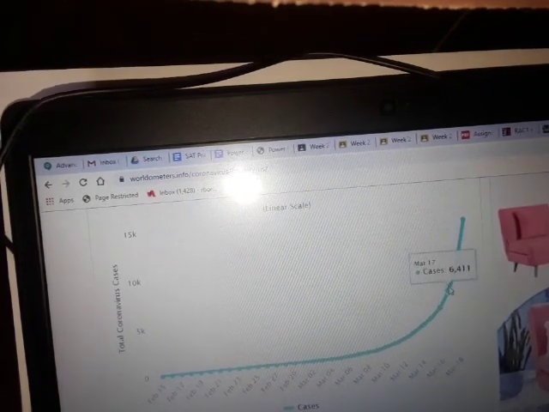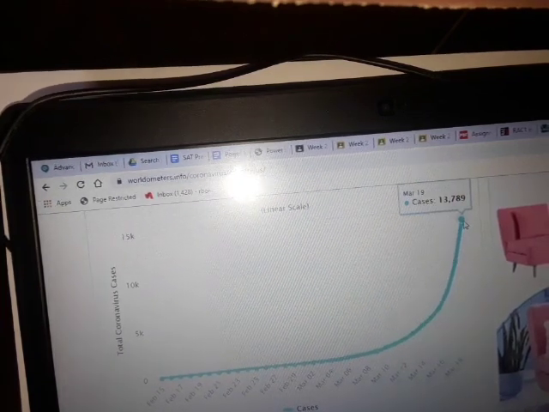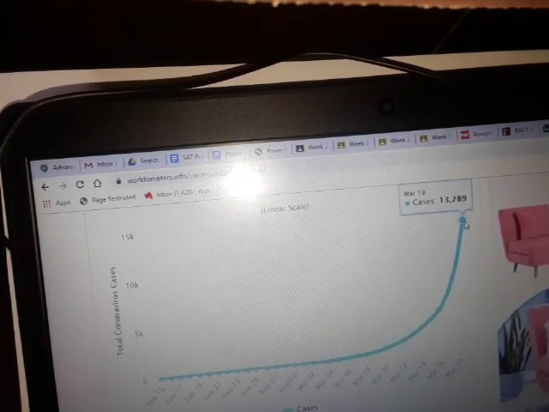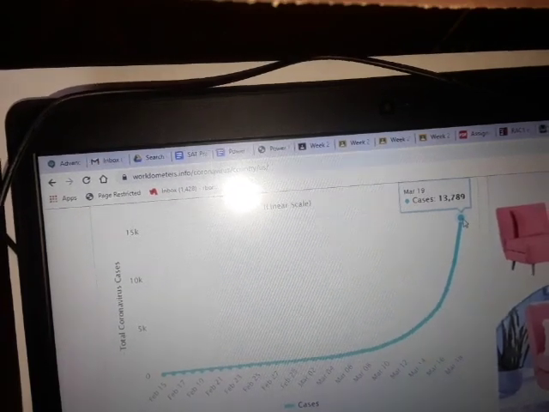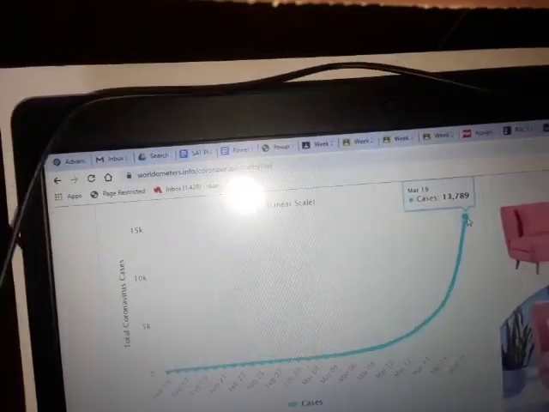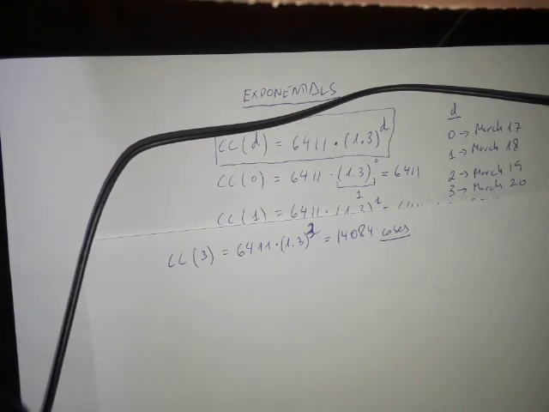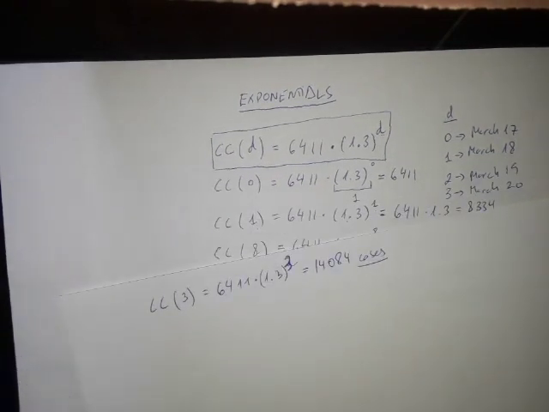So this was Tuesday, Wednesday, and then Thursday, which was yesterday, it's 13,780. So it's actually over our predictions, because today we already have near 3,000 more cases. So that's going to rise to 16,000. So it's even growing more than we expected. That means that probably next Tuesday we're going to have a lot more than 50,000. That was our prediction at first, right?